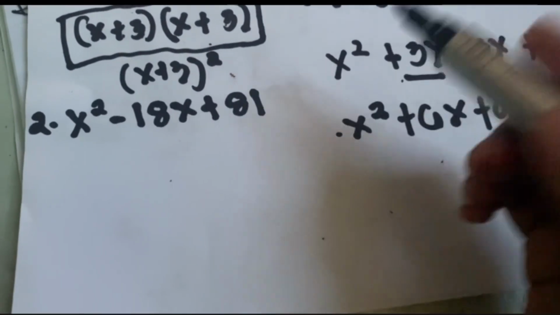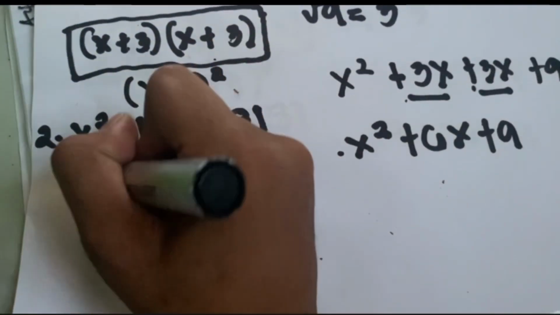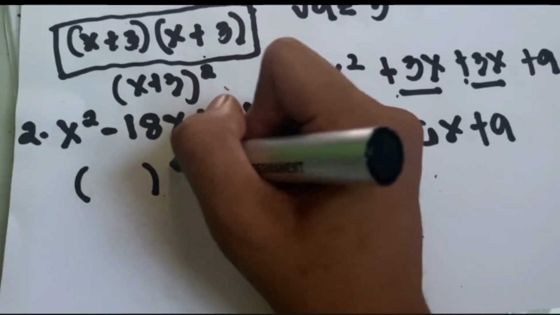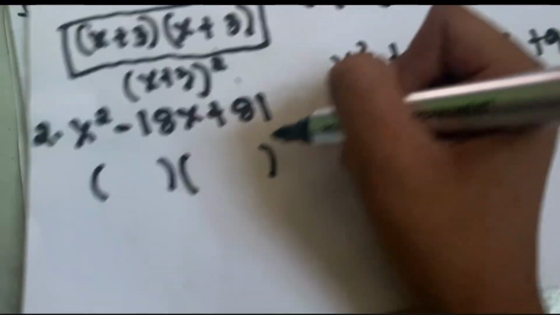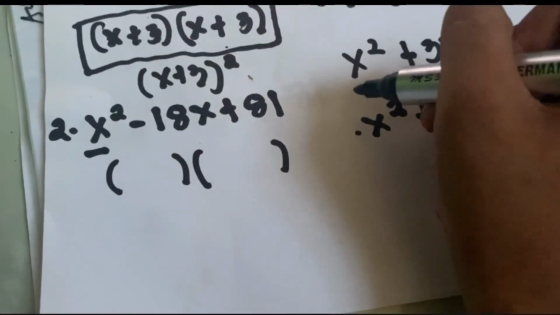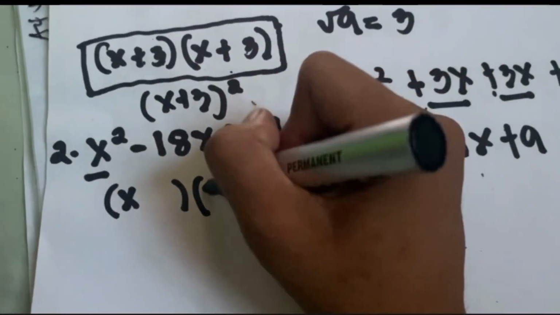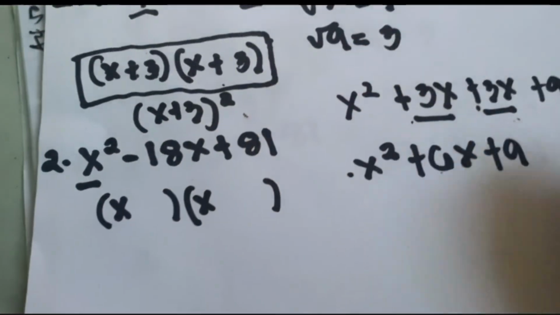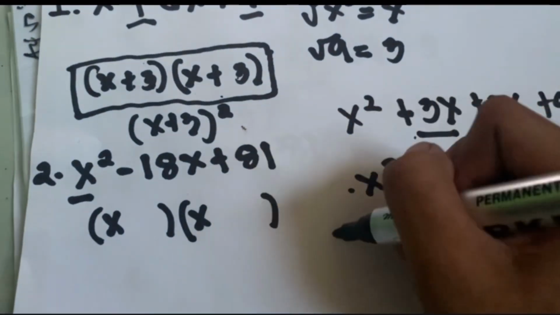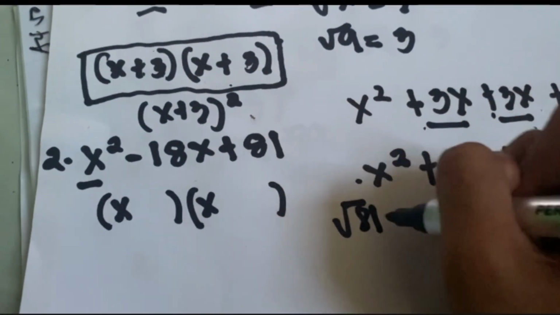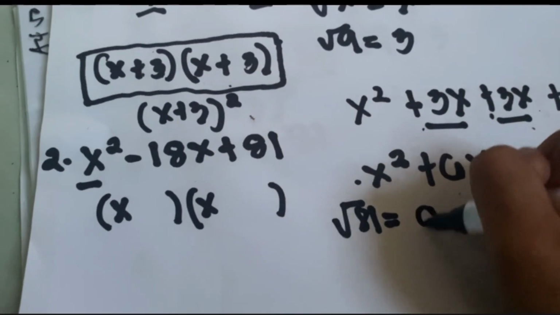So again we prepare two sets of parentheses. The square root of x squared is x, and the square root of 81 is equal to 9.